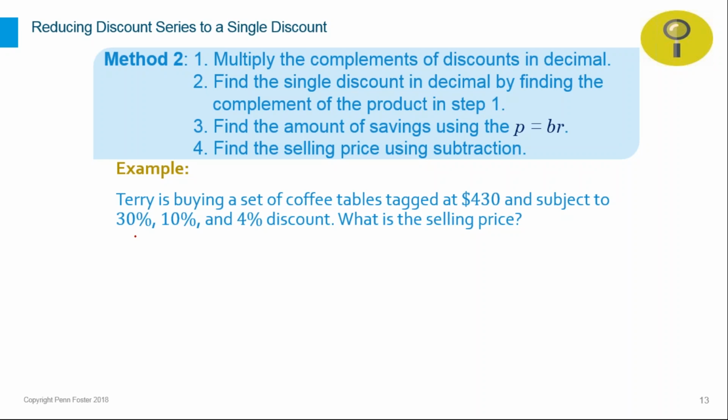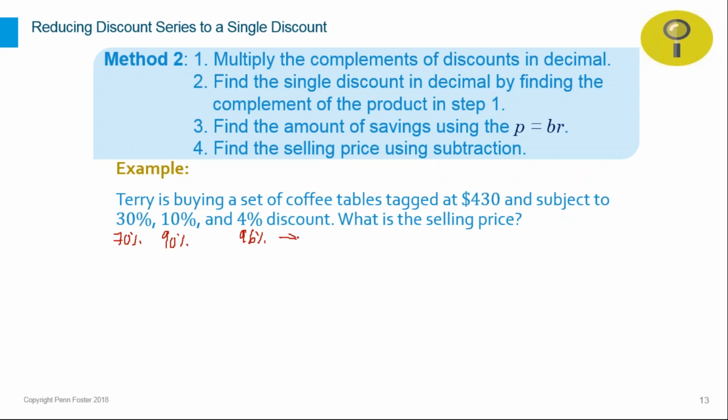In that case, the complement of 30% is 70%. The complement of 10% is 90%. The complement of 4% is 96%. Add 96 and 4 is 100, 90 and 10 is 100, and 70 and 30 is 100.